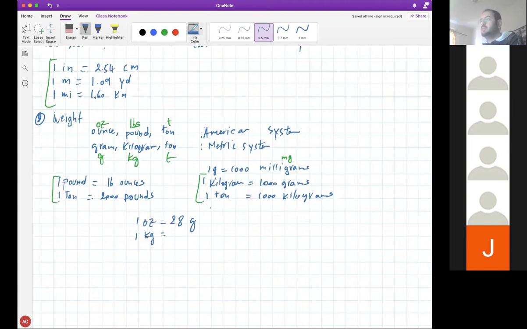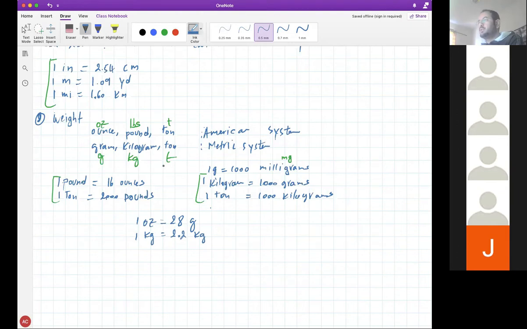Or to be specific, 1 kilogram is about 2.2 pounds. So next time someone says, give me 1 kilogram of something, or you go to the market, you want to buy 2 pounds of some fruit, and the people don't know pounds, you can just say, give me a kilogram of fruit. That's not exactly, but it's about 2 pounds.